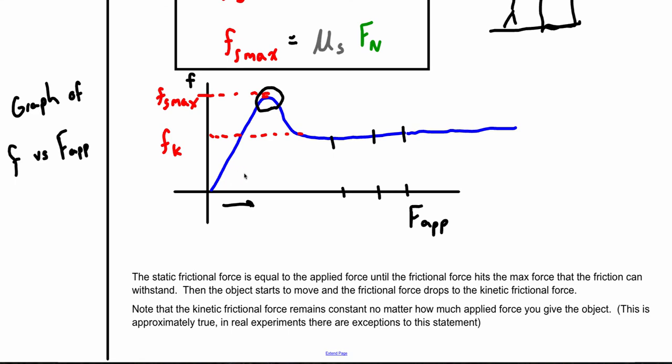Now this is a true statement if you're being general. In our physics, we're generalizing this. So it's important to note that this might not hold true for certain objects and certain experiments, but it gives us a general relationship that shows us that the frictional force remains constant no matter what applied force you have on the object.